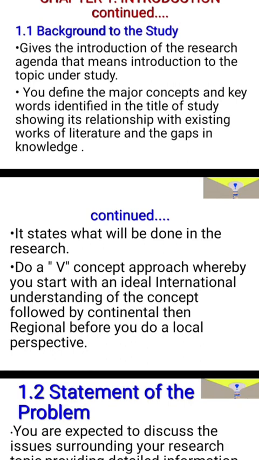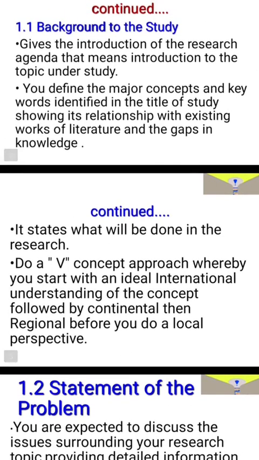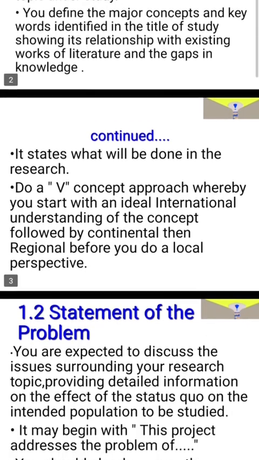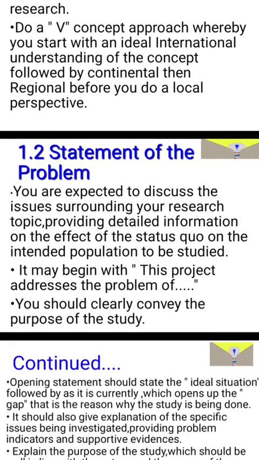You have to state what will be done in the research under background, and you always take a V-concept approach whereby you start with the ideal international understanding of the concept, followed by the continental, then regional, before you do a local perspective.